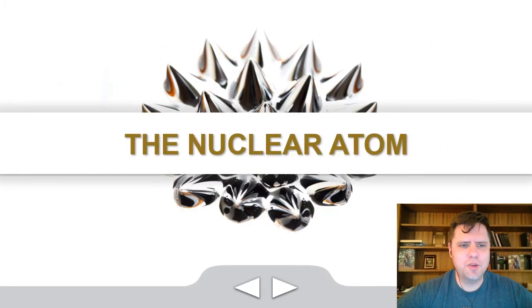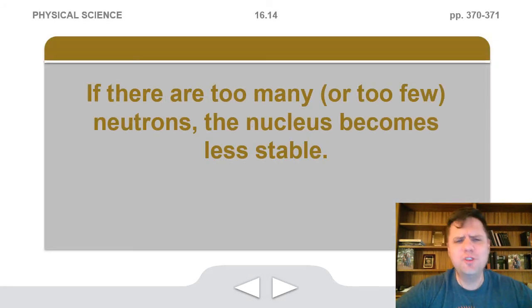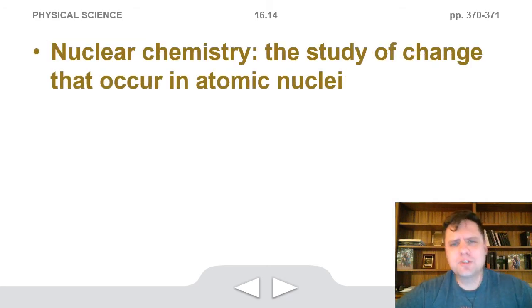This brings us to the third section of the chapter, the nuclear atom. If there are too many or too few neutrons, the nucleus becomes less stable. Nuclear chemistry, then, is the study of changes that occur in atomic nuclei.